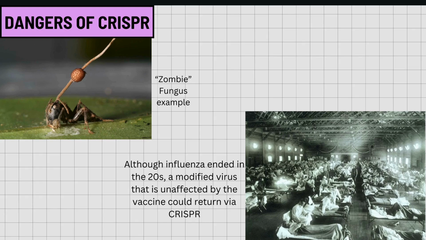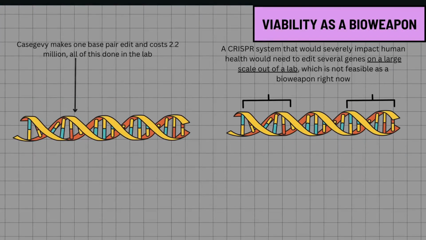All of these scenarios are very hypothetical, but how close could some bioterrorists be to coming up with a CRISPR-made virus, and how can we prevent it? Could CRISPR actually be used as a bioweapon? Because CRISPR hasn't been around for a long time, the costs associated with changing multiple genes to create a bioweapon are still huge.